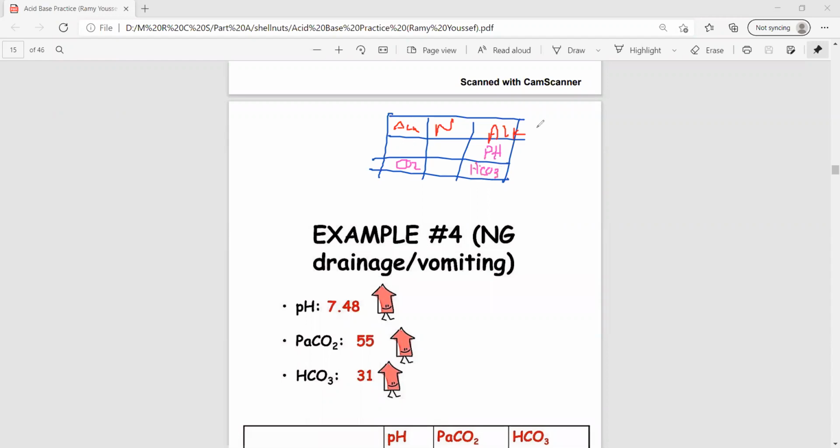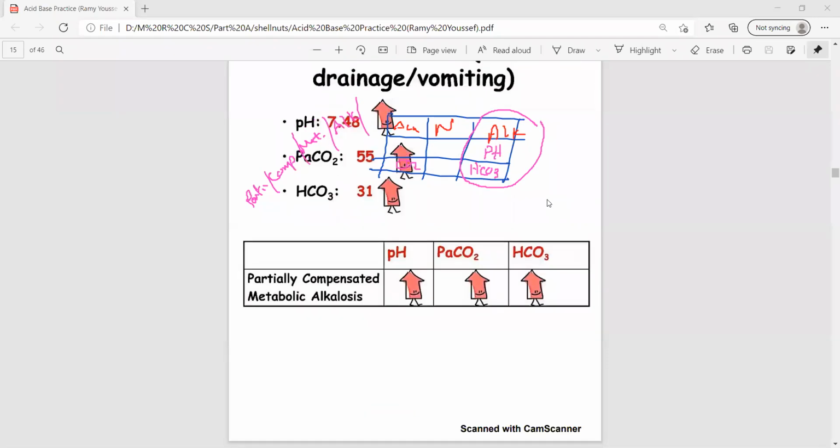So the problem will be partially compensated metabolic alkalosis. This is alkalosis, and this is metabolic, and this is compensated, and this is partial compensated. Perfect.